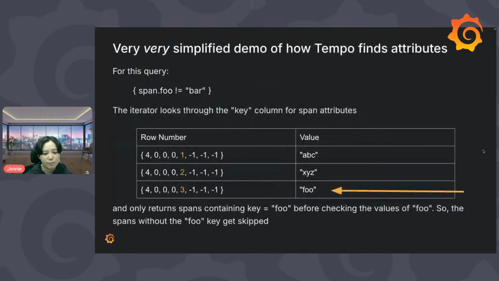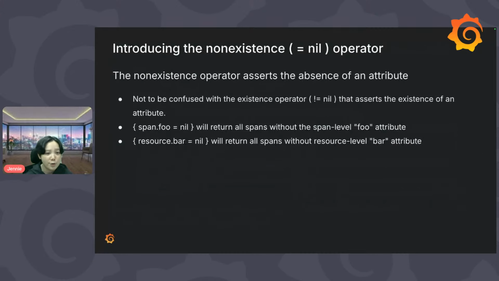Now, introducing the new thing that we have, the nil operator, which is just the non-existence operator, equal to nil. Here we assert the absence of an attribute. We already have an existence operator, not to be confused with this one, which is not equal to nil.